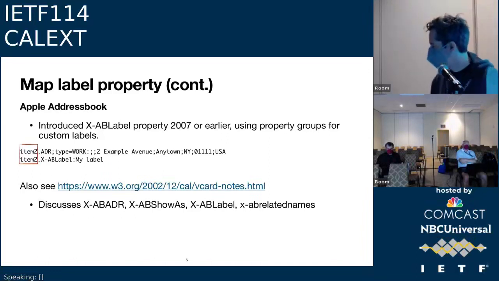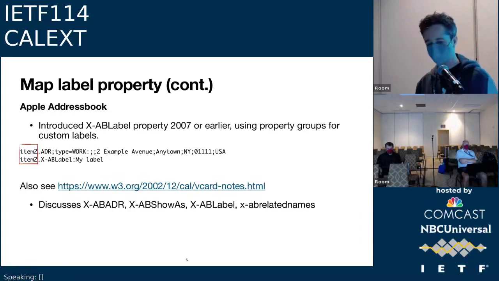What is your intention, to include them? Well, I think for interoperability, we should understand what the XAB label is really used for, since it's been in existing data for such a long time already. We should find a way to map it.